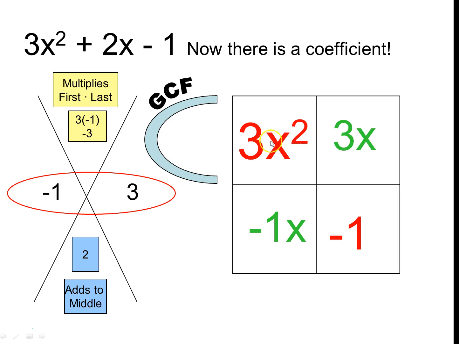What is the greatest common factor of these two? 3x. Right? Something times 3x is 3x squared, that's an x. Something times 3x is 3x, that's a 1. Something times x is negative 1x, and if we did it right, 1 times negative 1 is negative 1.